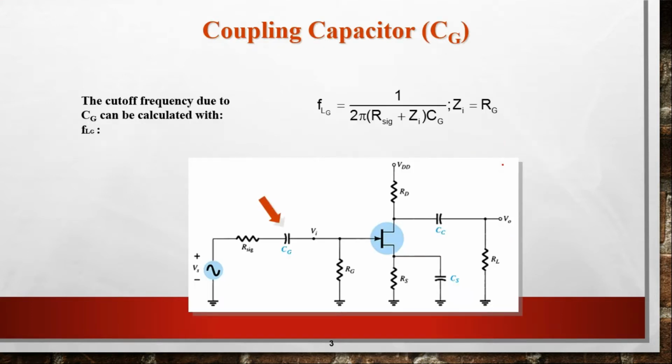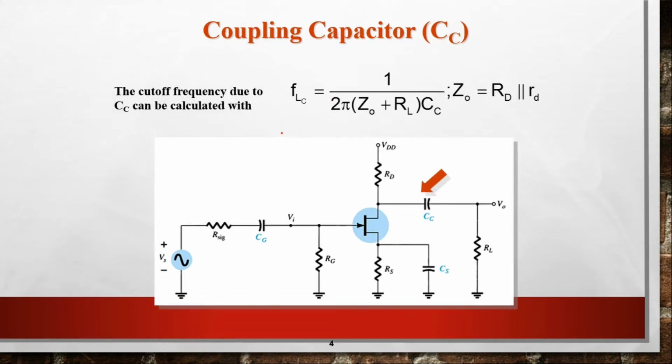So these are the formulas that we will use as we go along the discussion. So this is for the FLG, this is for the FLC. By the way, this R is the AC drain resistance.